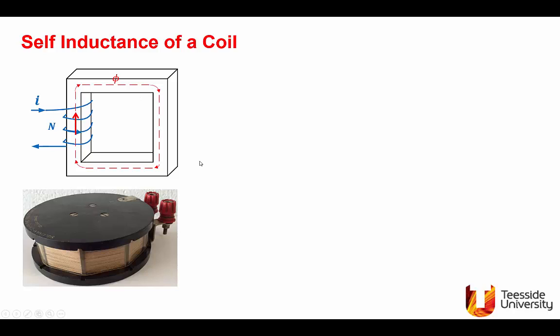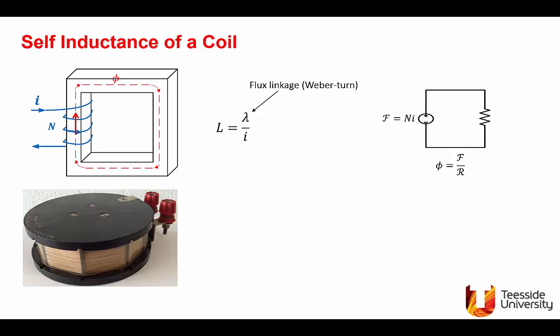Then you can define L. We know L is lambda over I. You can use the equivalent magnetic circuit. This is the magnetomotive force and the flux goes around. Again, if we assume all the flux lines link all the coil, lambda will be N phi.